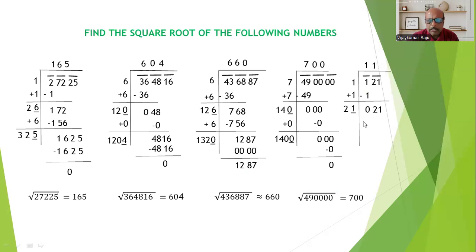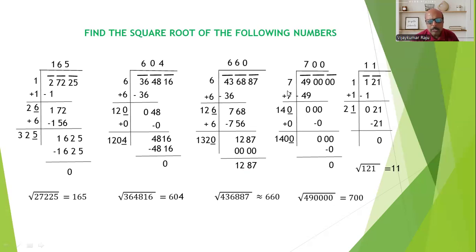So take it. 21 into 1 is 21. Subtract, 0. So the square root of 121 is 11. And you know this value at least, by heart. 11 times 11 is 121. Clear?